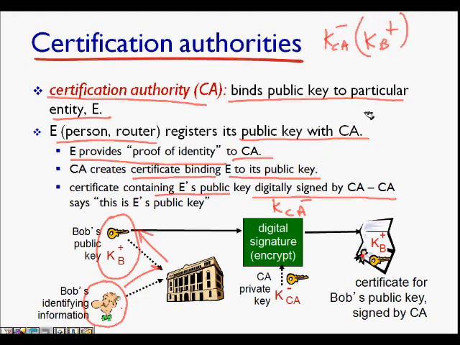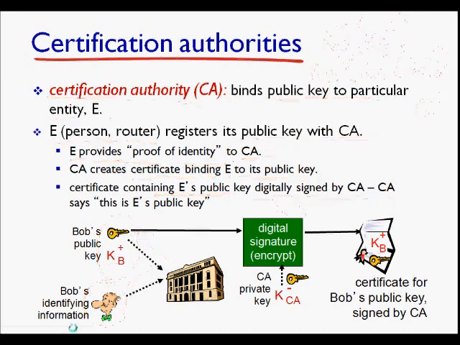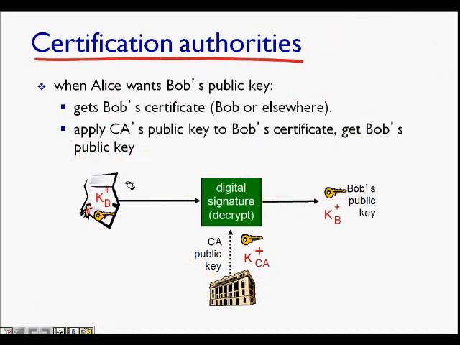Now everyone has the public key of the CA, KCA plus, and you can use it to get the public key of Bob. Now it is trusted and known that this is the public key of Bob, and no one can fake it. When I take that public key, it should be digitally signed by the certification authority, and all the people abide by this agent.